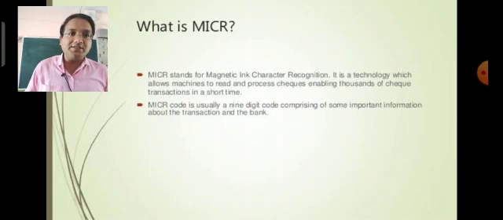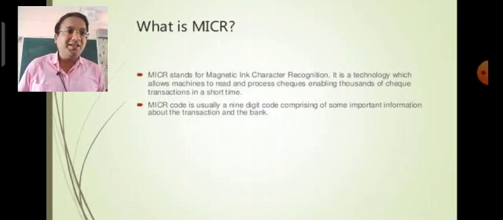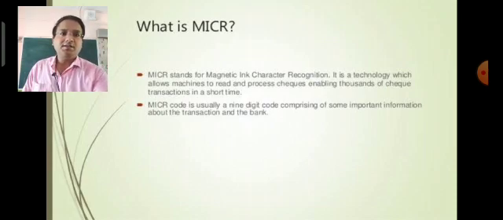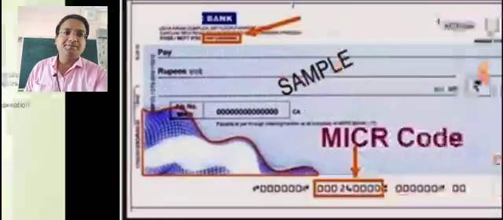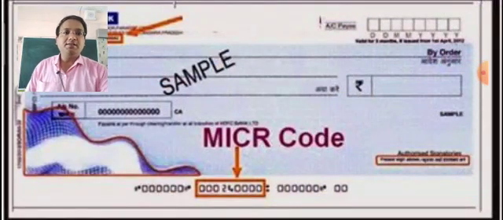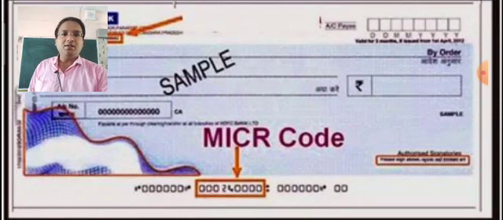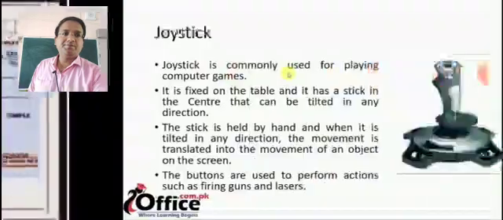MICR code is usually a 9-digit code comprising some important information about the transaction and the bank. Here you can see the image of a check, you can see the MICR code, a 9-digit code.